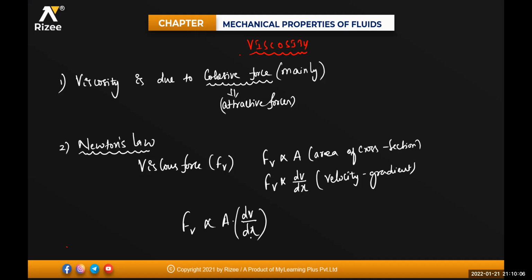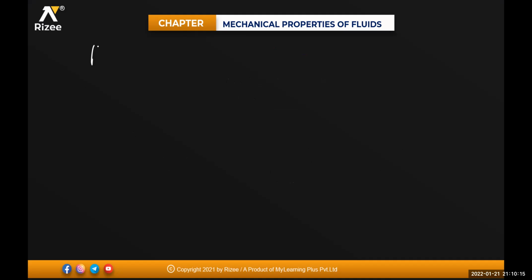Viscous force generally acts in which direction, beta? Opposite direction, so we write it with a negative sign. Removing the proportionality constant, F viscous is equal to minus neta A into dv divided by dx. This is the first formula in viscosity which you need to remember.